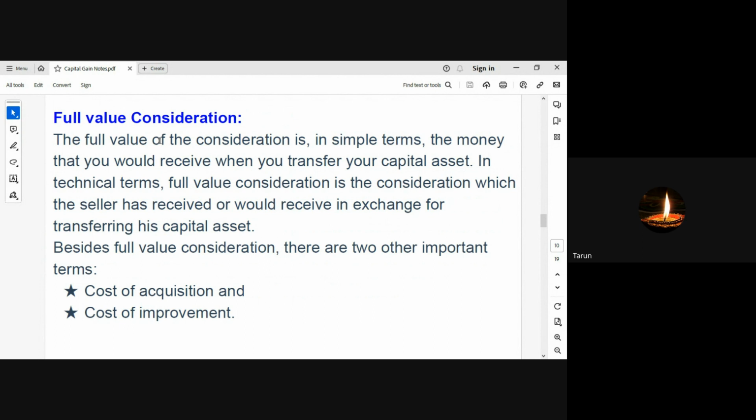Cost of improvement means the cost of repairs, maintenance, and any other repairs and tools used to improve the property. That is called the cost of improvement.